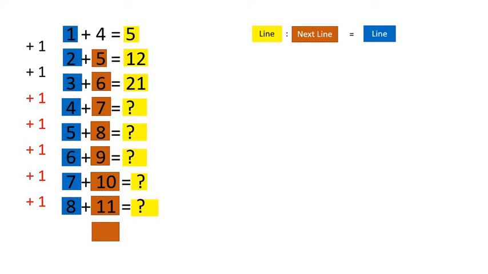And if we follow that pattern, we can easily say that the next result must be 32, 45, 60, and 77. And we can therefore assume that the next step in the pattern would be 9 plus 12. And now is the question, what number do I have to divide by 12 to get 8? Sure enough, it's 96.